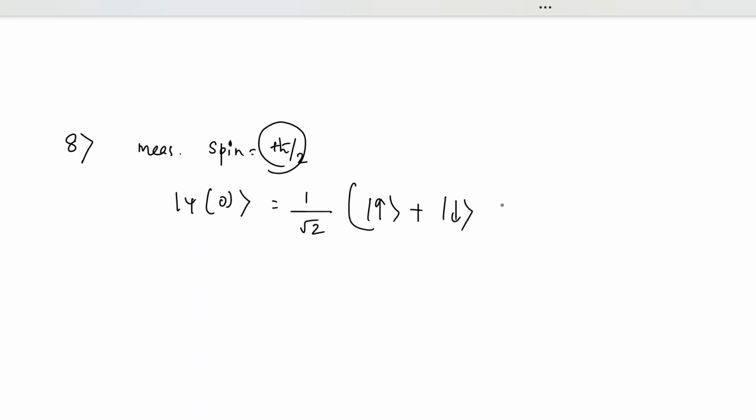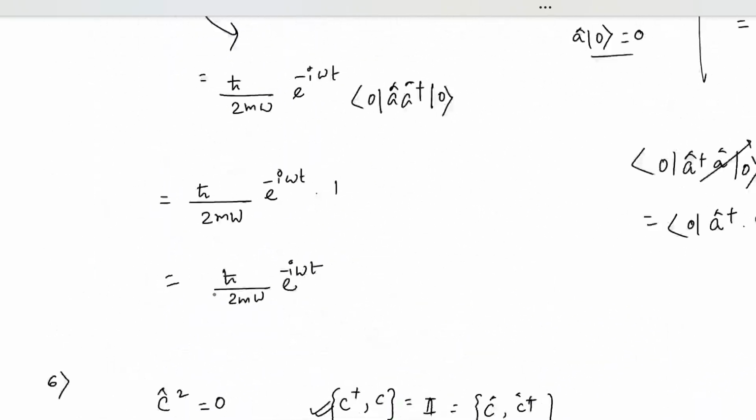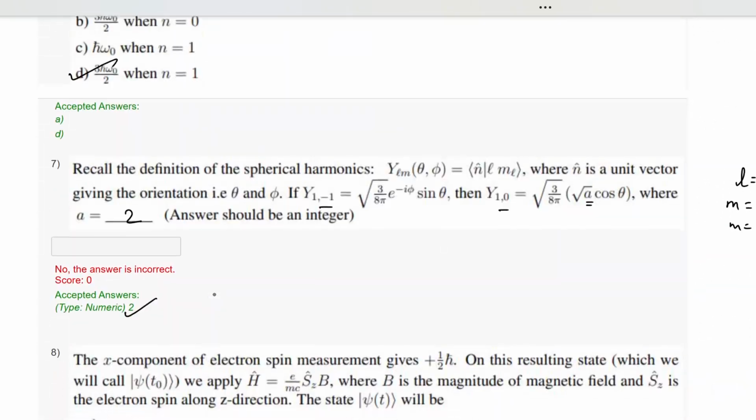If you had got minus h cut by 2, then there would be a minus sign here, but for plus h cut by 2, this is the standard state on the basis of the sx basis, because in the question it is given that your sx operator is giving the h cut by 2.